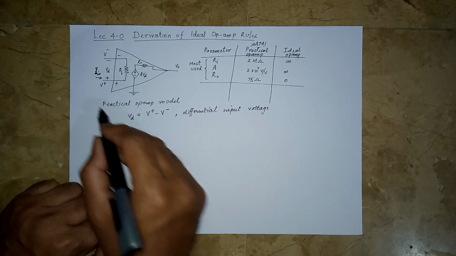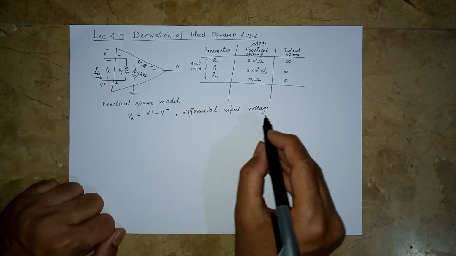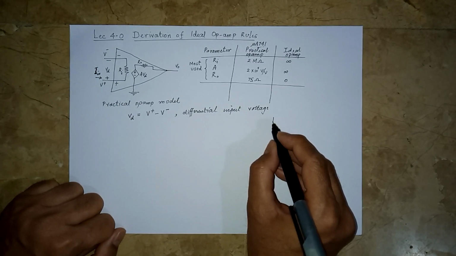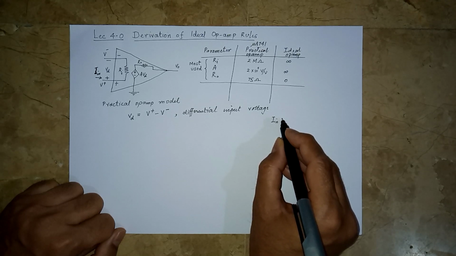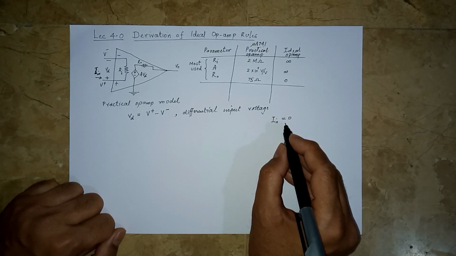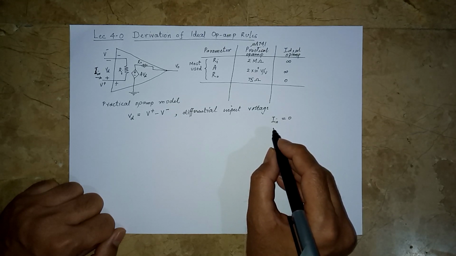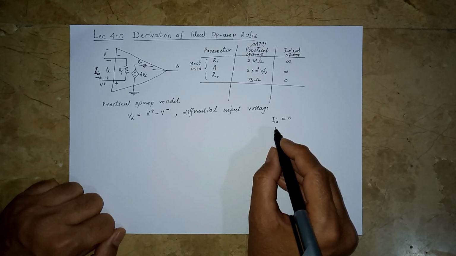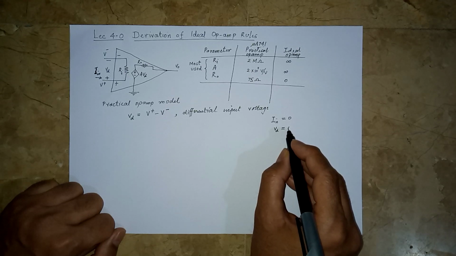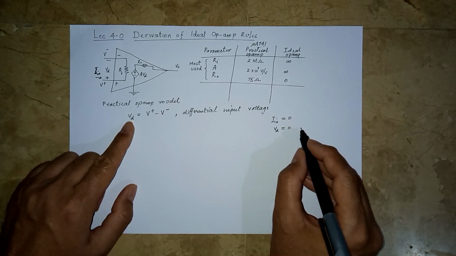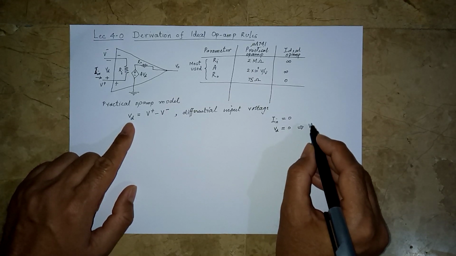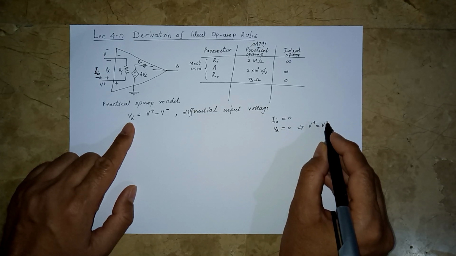The book uses small, but let me resort to using the capital letters. So IN is 0, is the ideal op-amp characteristics, and then we know that VD is 0. So if VD is 0, that would imply that V plus is equal to V minus.